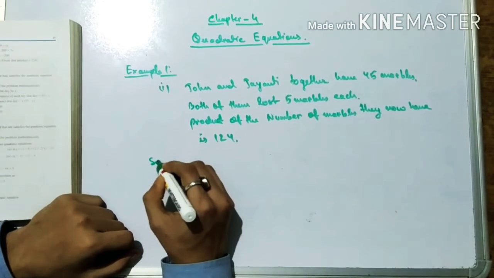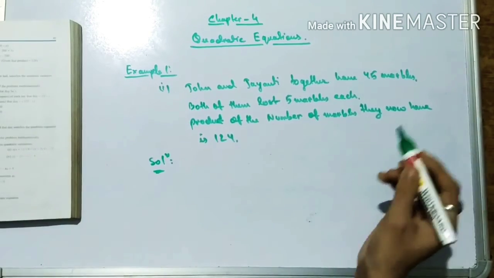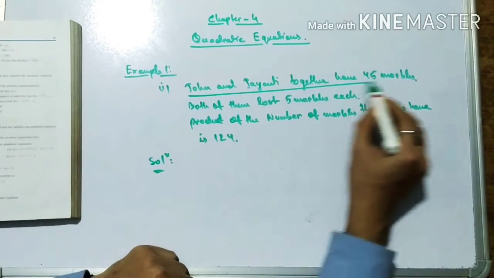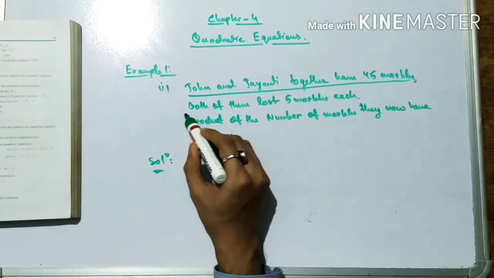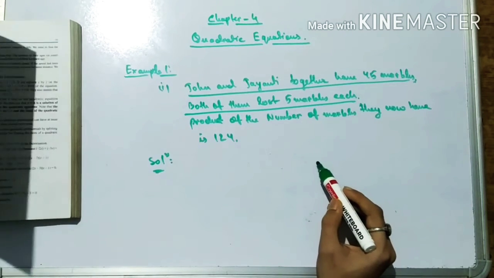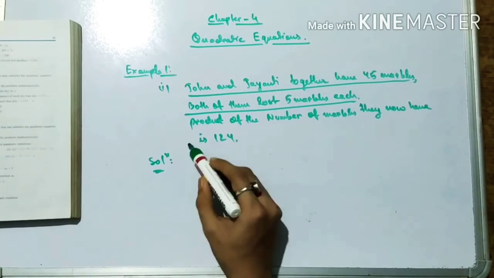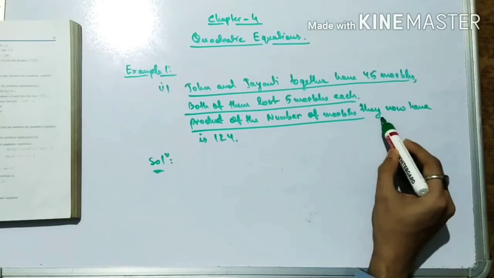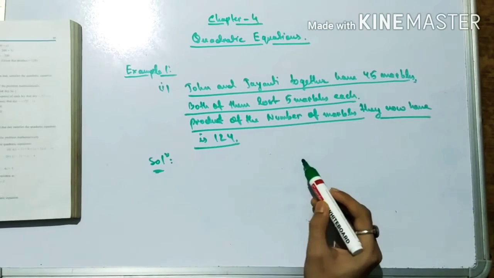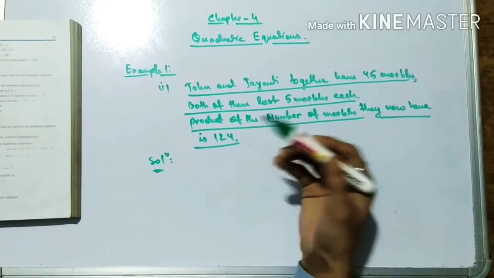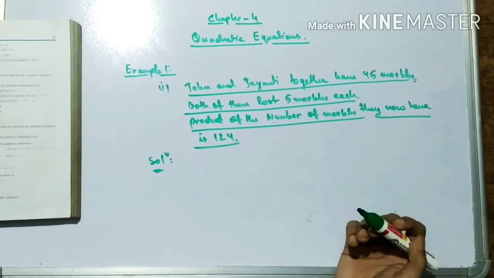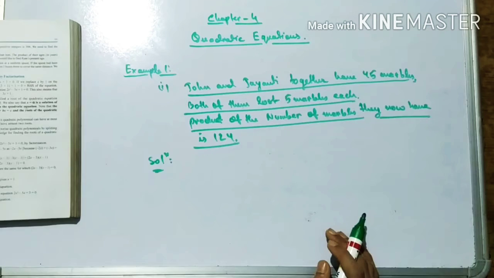So first of all, in here you see John and Jayanti together have 45 marbles. Both of them lost 5 marbles each. Product of the number of marbles they have now is 124. I have to find that originally how many marbles John and Jayanti had.